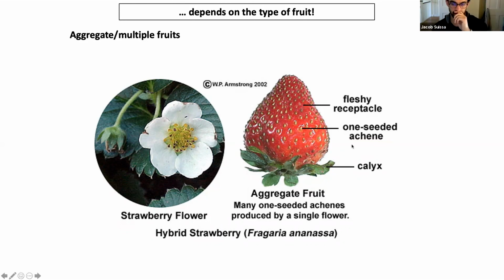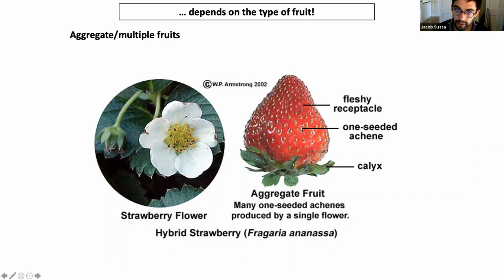But essentially, with a strawberry, the idea here is that each of these little brown things that get stuck in your teeth are small fruits. This is one fruit right there. This is one fruit right there. And it's derived from one flower. And all of these are individual carpels, right?